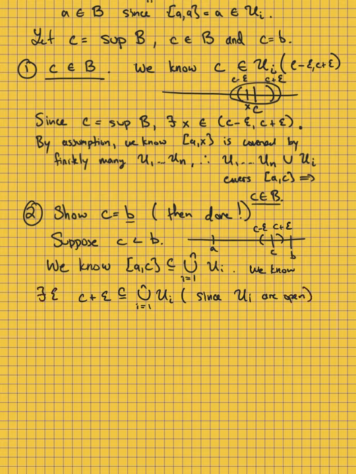On the other hand, we can take epsilon small enough so that it lies between C and b. And therefore, we have covered A through C plus epsilon over 2 by finitely many open sets.